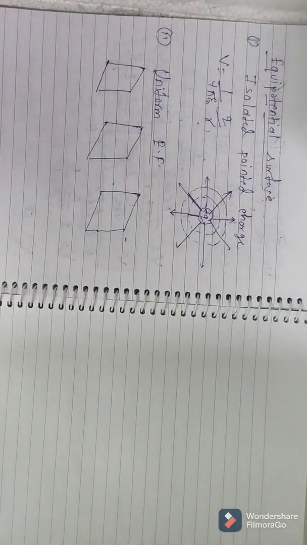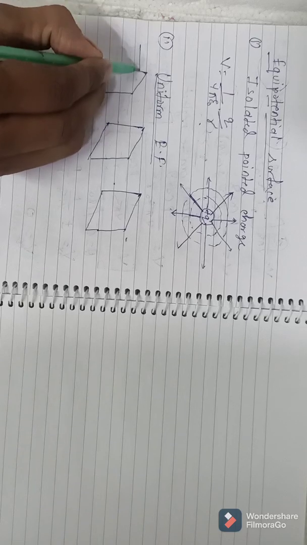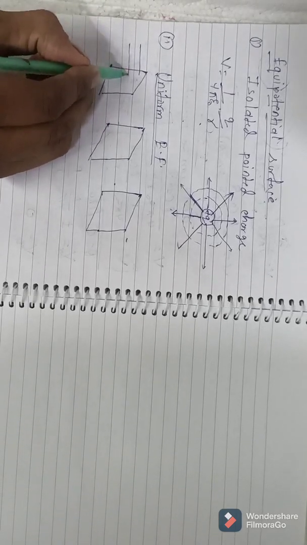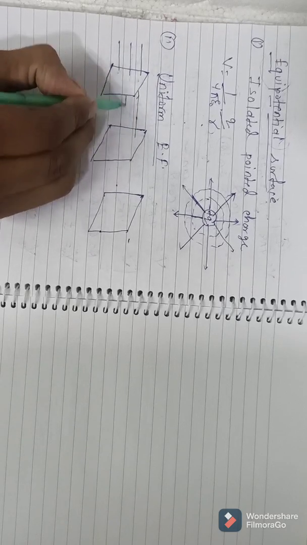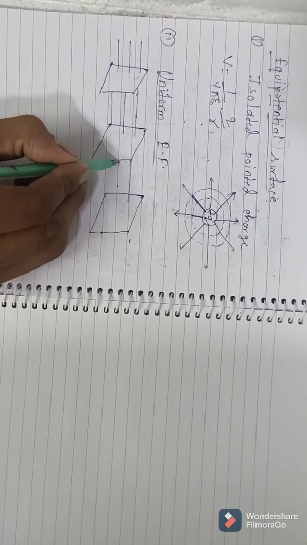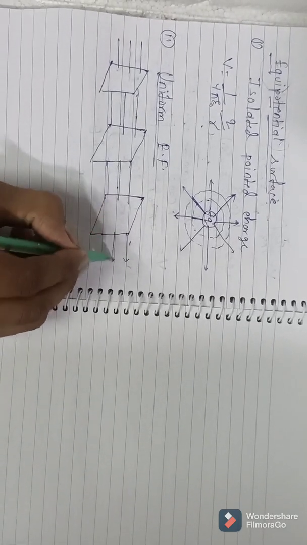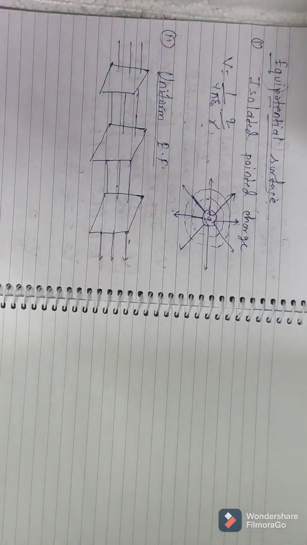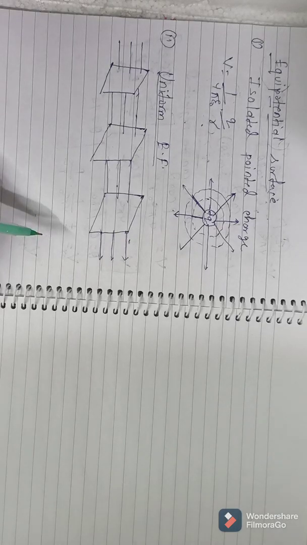Plane 1, plane 2, plane 3 are perpendicular to the electric field, so we need to draw some electric field here. Suppose it is coming like this. The potential is the same at every point on surface 1, so it is an equipotential surface.